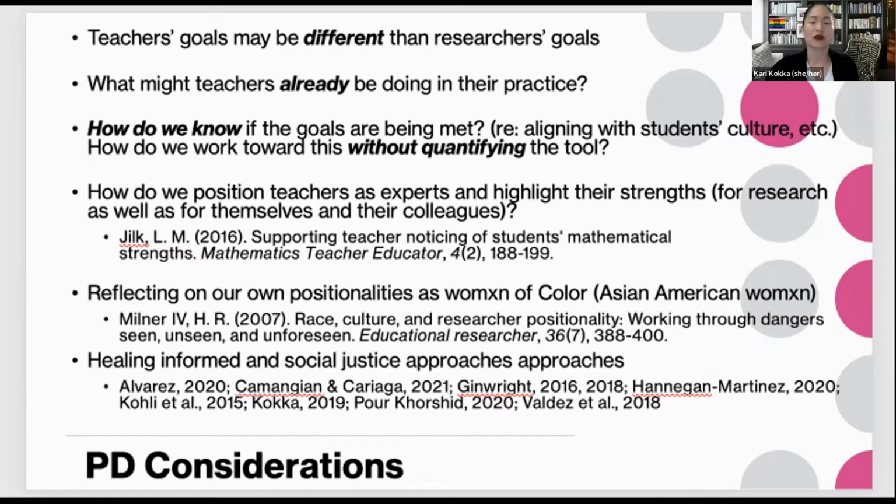So teachers were already doing these in their own classrooms. And then I'm going to skip to this one about how we position teachers as experts to highlight their strengths, both for research purposes as well as for themselves and with their colleagues. So one of the things that I'm doing is lesson study, and I'm using this kind of strengths-based approach.